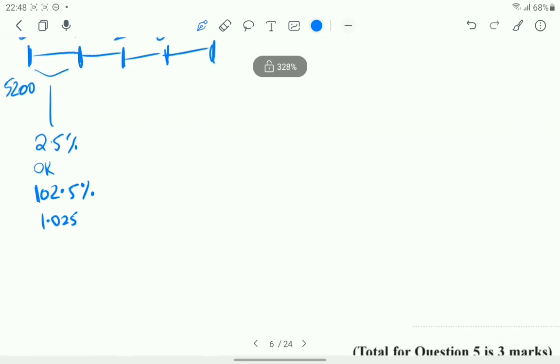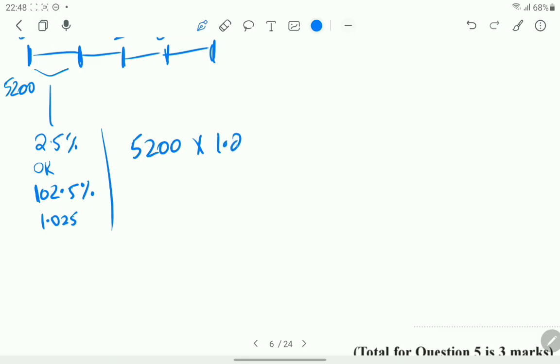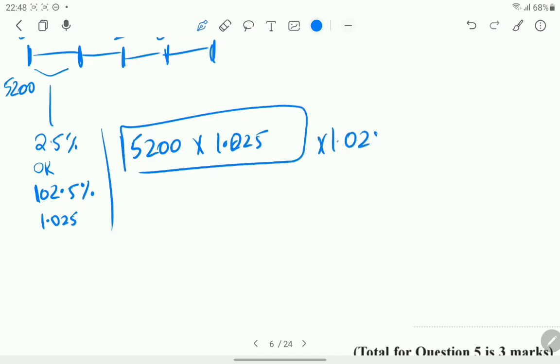So if we were to get the value of his cash at the end of first year, we would go 1.025, and consequently the product of this would then be multiplied by 1.025 to get to the end of second year, and then so on and so forth.